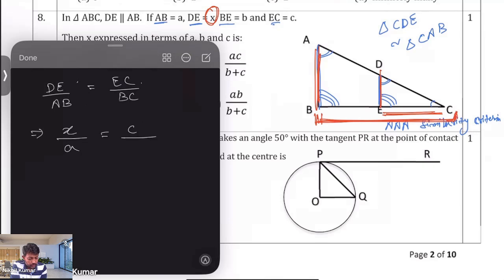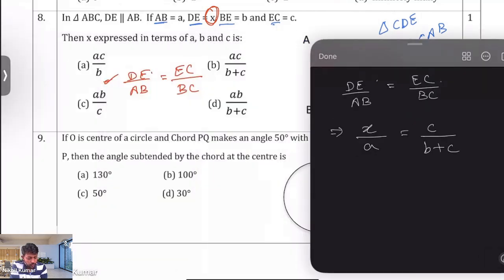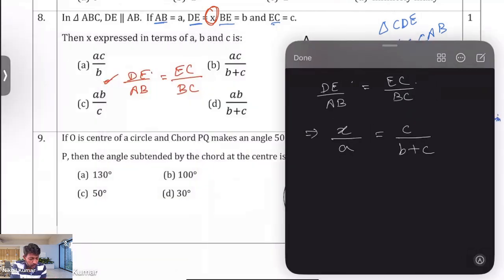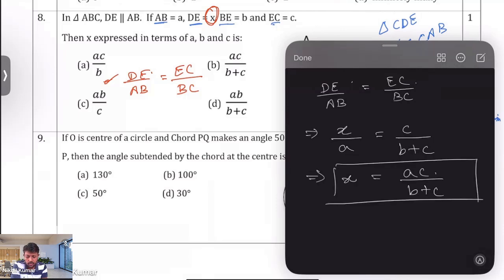Well, EC, I know it's C, and BE, this part is equal to B. So BC, wouldn't it be B plus C? What do you think? Is it okay? Yes, it is. So we have this thing now, and we can quickly find out the value of x in terms of A, B, and C. This is our answer, which is option number.